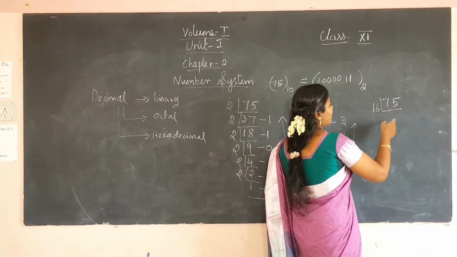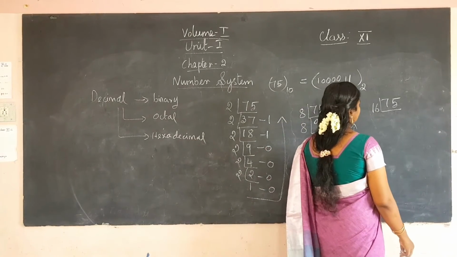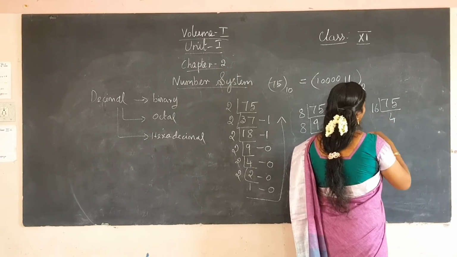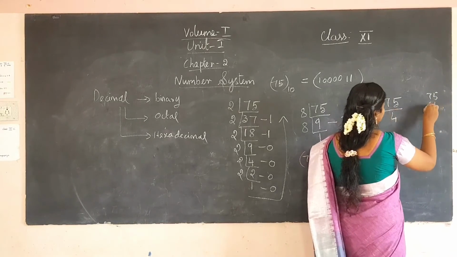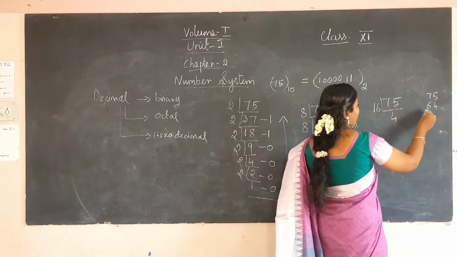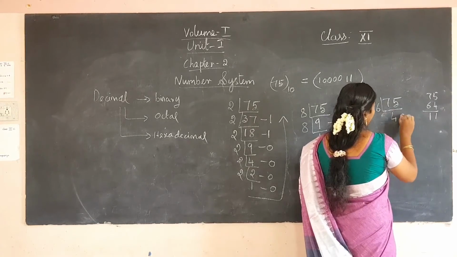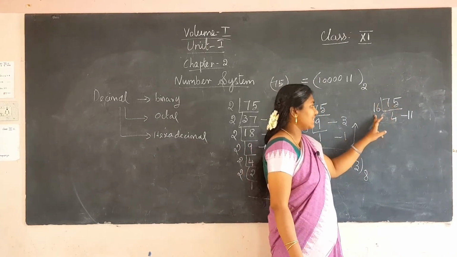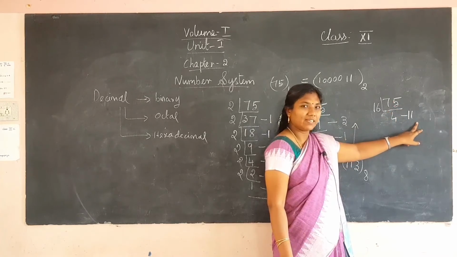How many times will 16 go into 75? 4 times. 16 4s are 64, and what will be the remainder? 75 minus 64 is 11, so the remainder is 11.